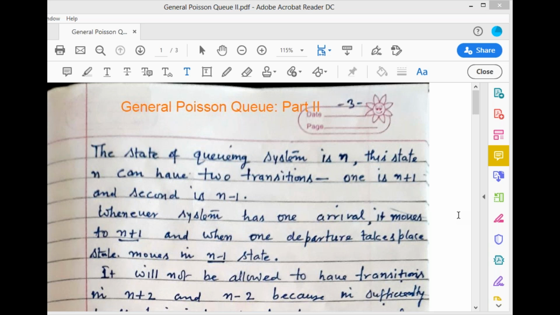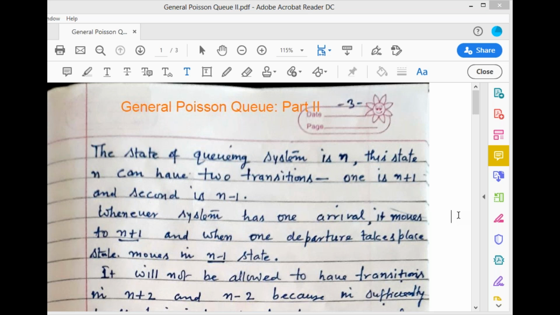It is now crystal clear that Pn does not depend on the time t. This has become free from the time t, because we are discussing the problem under the steady state.